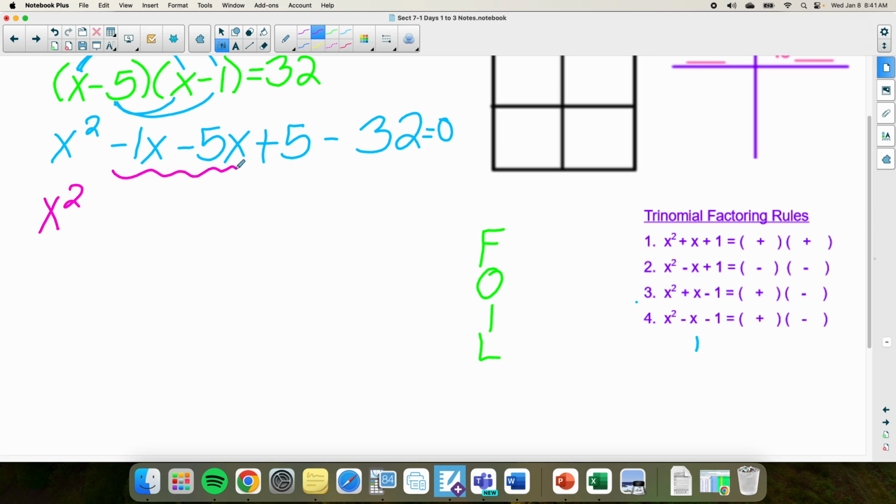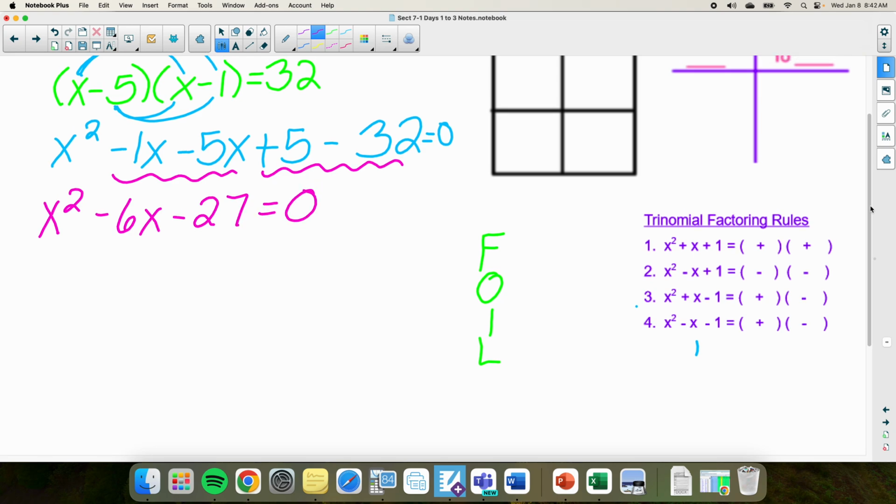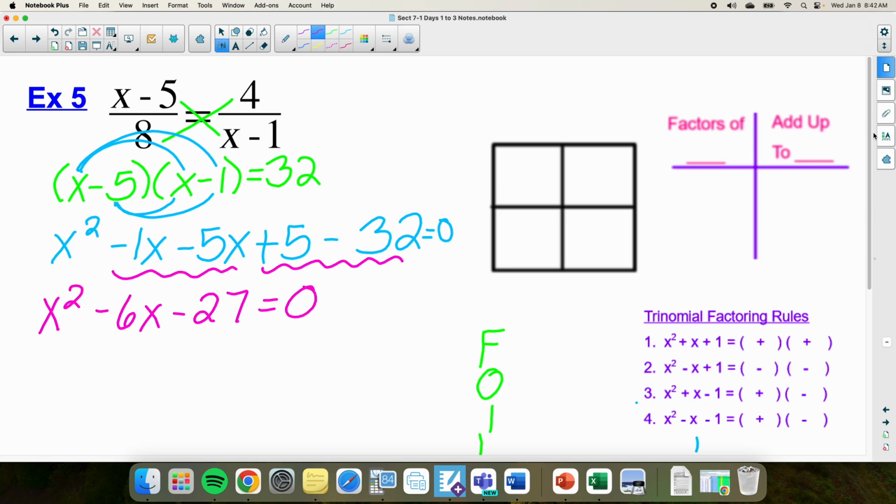Negative 1x minus 5x is negative 6x. 5 subtract 32 is negative 27, and that equals 0. So if I come back over here, this is x squared, this is negative 27, and this is negative 6.